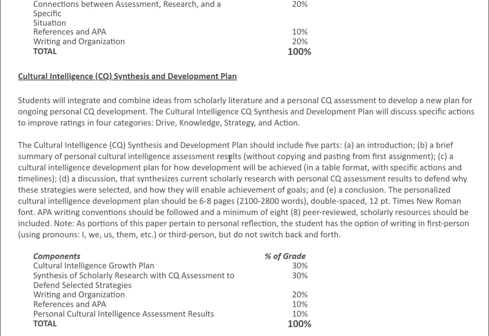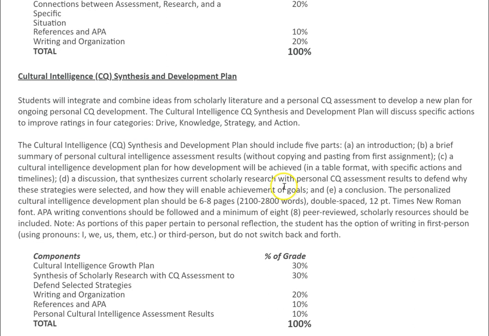And then each of those sections should have at least a paragraph that's supported by scholarly literature that breaks down what your cultural intelligence results are and why it matters. And of course, the rubric says without copying and pasting from your first assignment. So just look at your results, have it on your desk as you're typing it out, and then dive into the literature and ask the literature what it says about drive. Why is it important? How are people developing it and why?